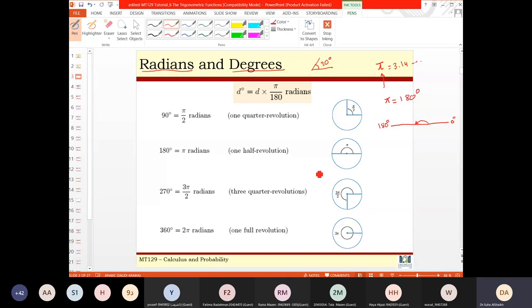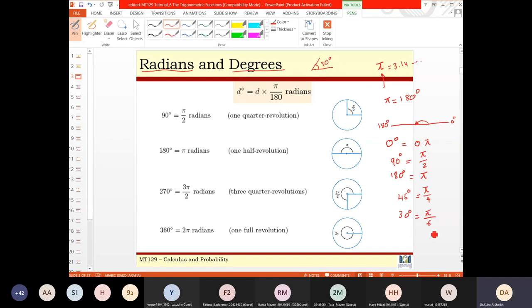So how do we convert each one of the measurements to pi? 0 degrees is simply 0 pi. 180 degrees, we agreed, is exactly pi. So half of pi, which is pi over 2, is what? If 180 is pi, half of it is 90 degrees. A quarter of pi, which is pi over 4, is equal to what? 45 degrees. 30 degrees, for example, is pi over 6.